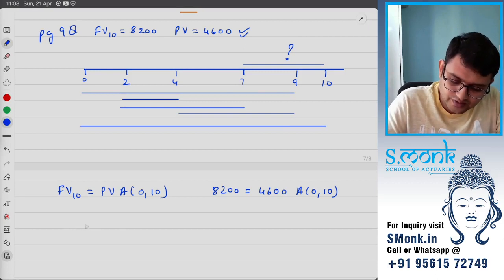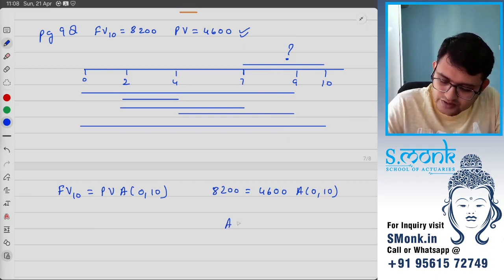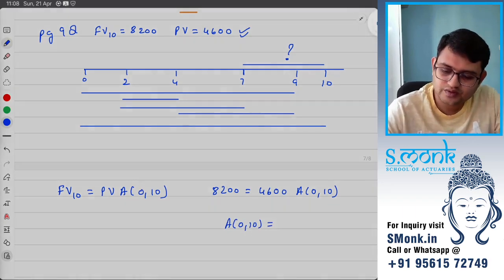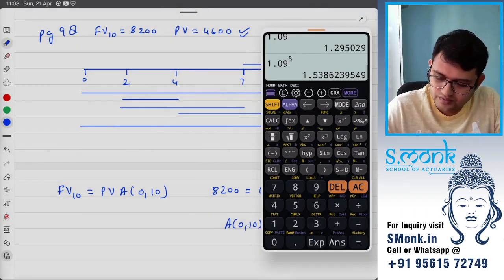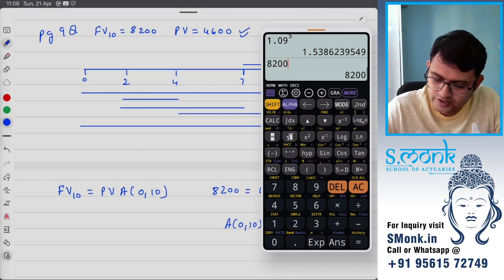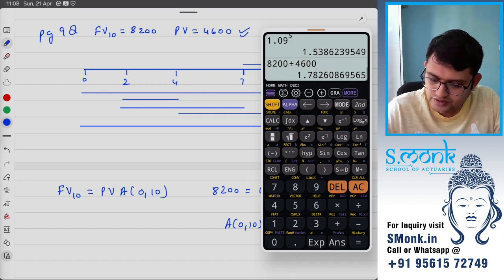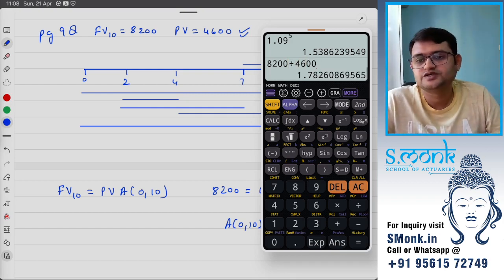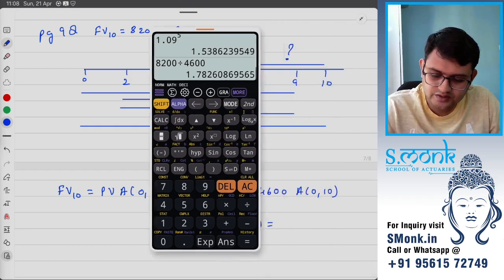Okay. So accumulation 0 to 10 is 8,200 divided by 4,600. So it is 1.78261.